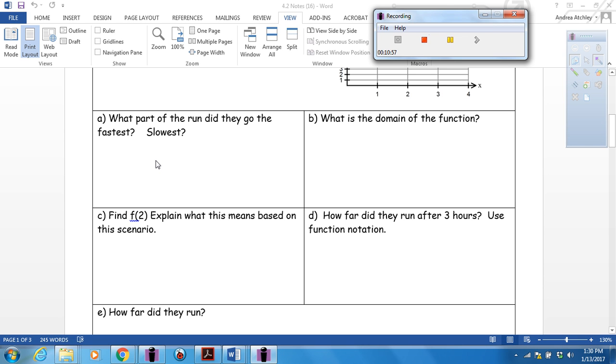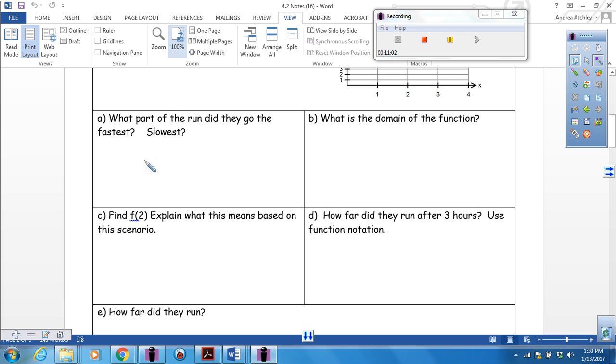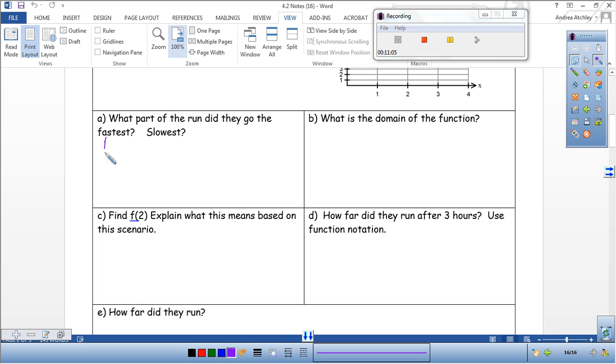Not the first half. The first hour. They ran the fastest the first hour.